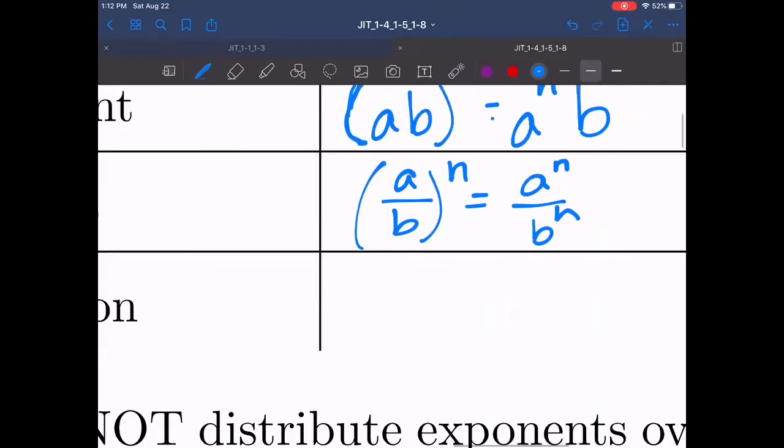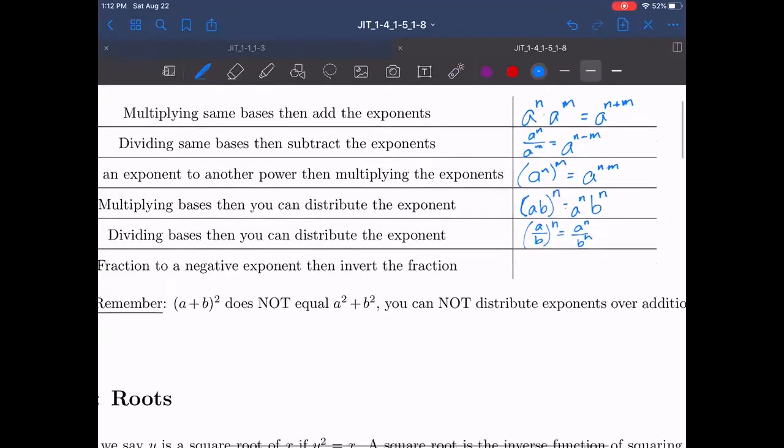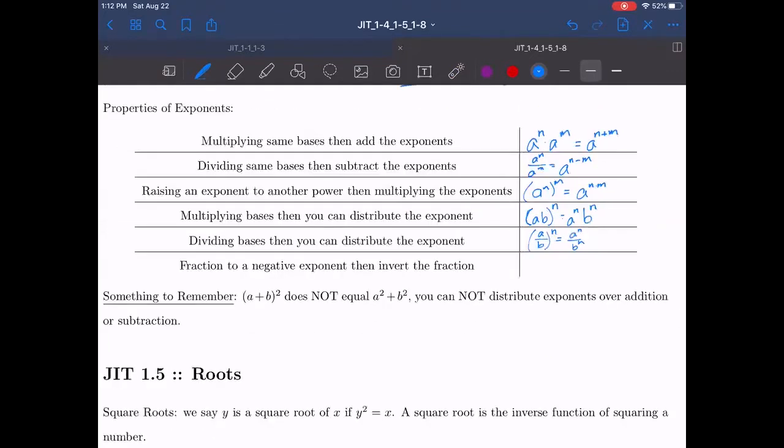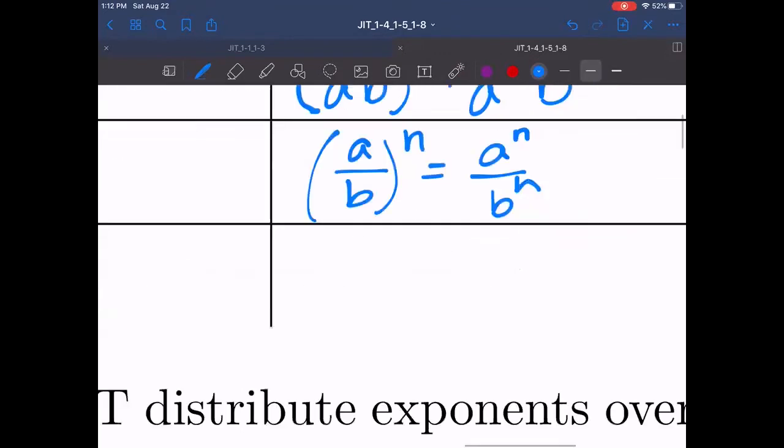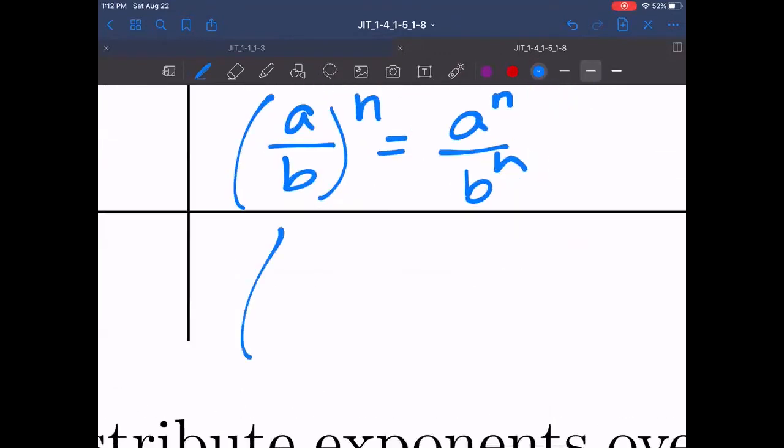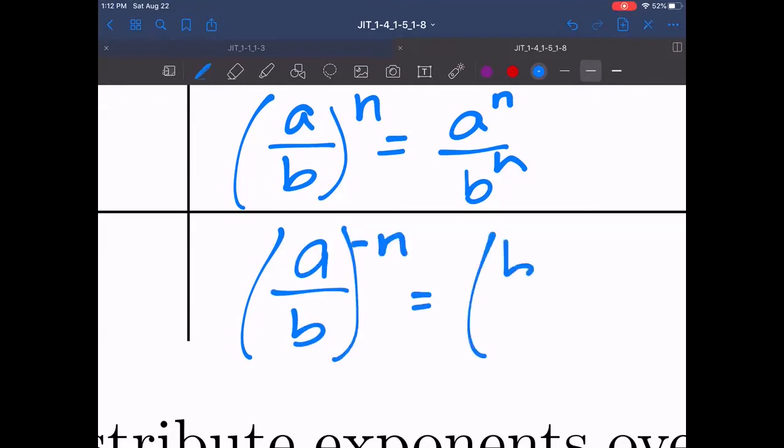And then our last is that with a negative exponent, we invert the fraction. So let's just keep it general. If I've got a over b to the negative n, that's the same as b over a to the positive n.